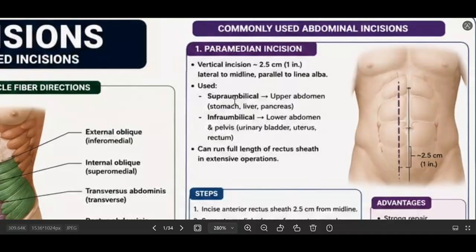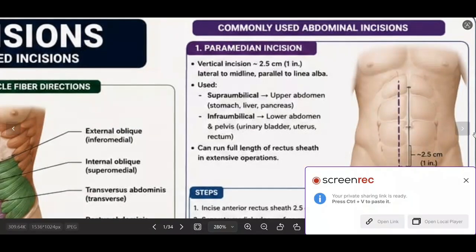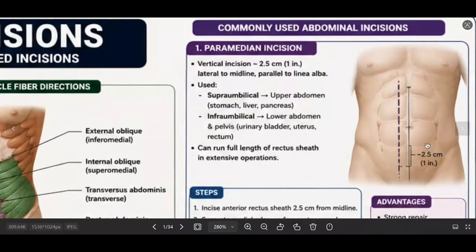The infraumbilical paramedian incision is used for the lower abdomen and pelvis, to expose organs such as the urinary bladder, uterus and rectum. Can it be extended? Yes. For very large operations, the incision may extend along the entire length of the rectus sheath.